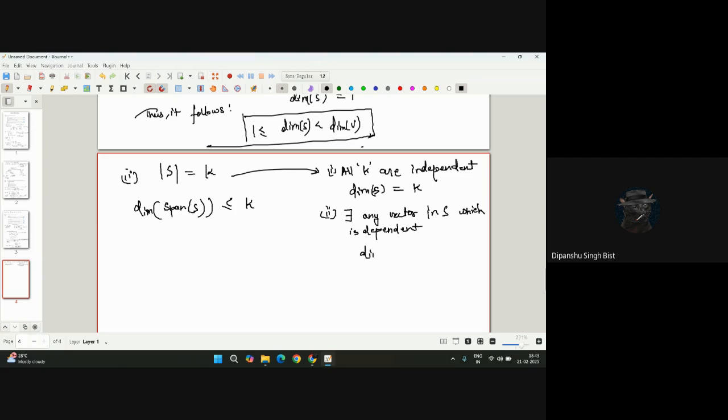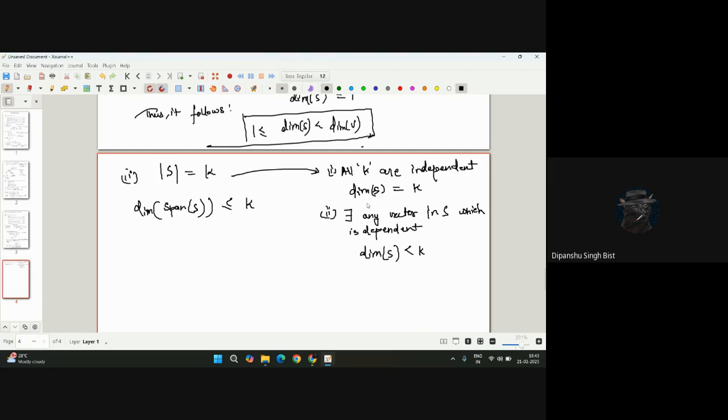In that case, the dimension of S is going to be less than k. Why? Because if even one single vector can be represented as a linear combination of other vectors, then that vector would not be counted as independent. So if there is one dependent vector, the dimension is going to be k minus 1. If there are two dependent vectors, the dimension is going to be k minus 2. So in any case, the dimension would be less than k if there exists any dependent vector.